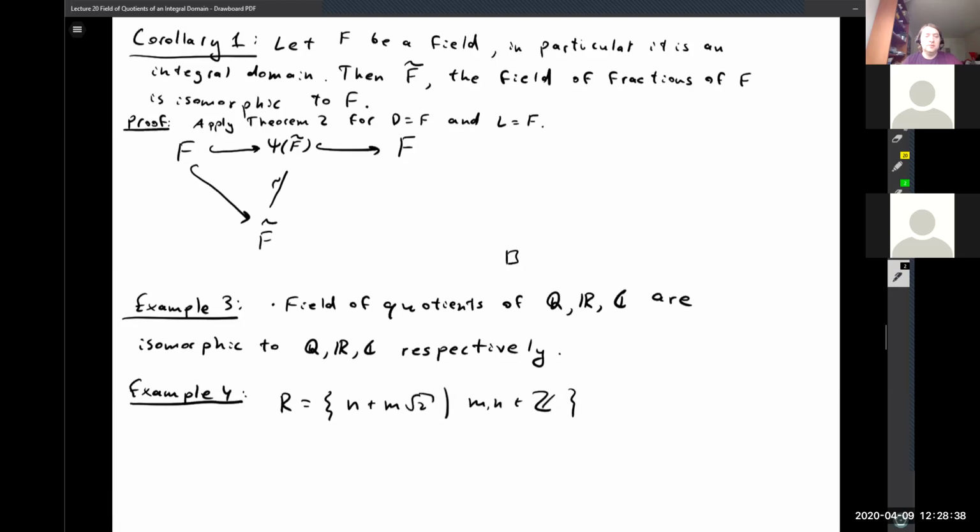It is a subring of R, hence an integral domain.